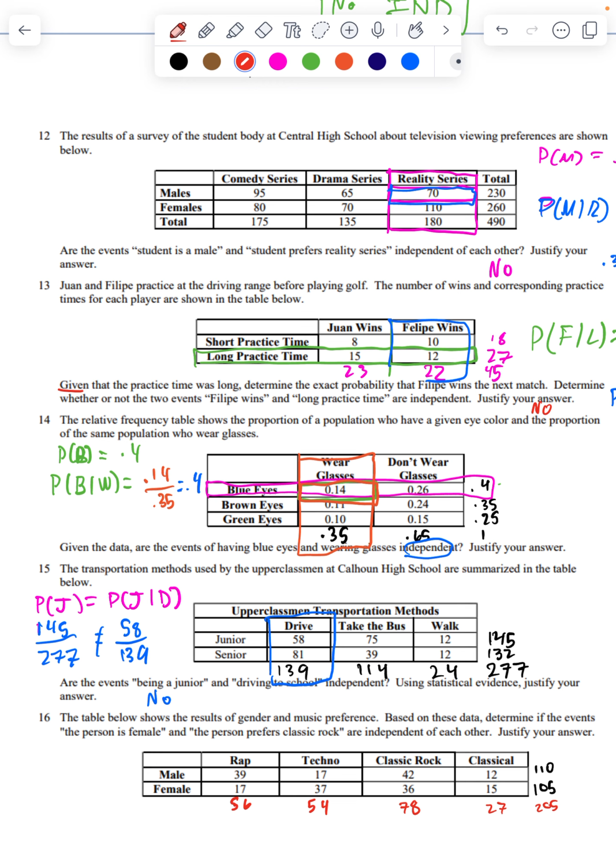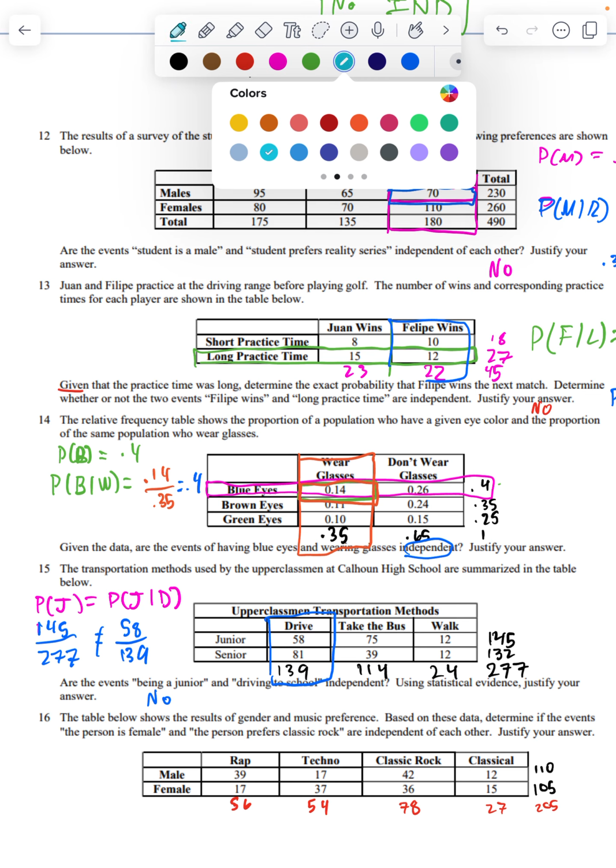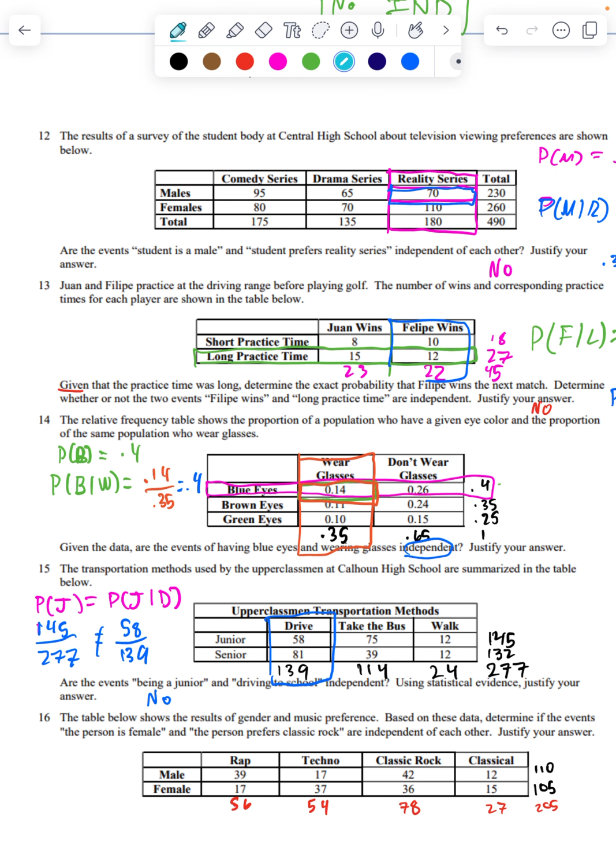If the person is female and the person prefers classical rock are independent of each other, again, what are we checking here? Same thing over and over again. Let me change colors. Let's get aquamarine in here. How many are female?